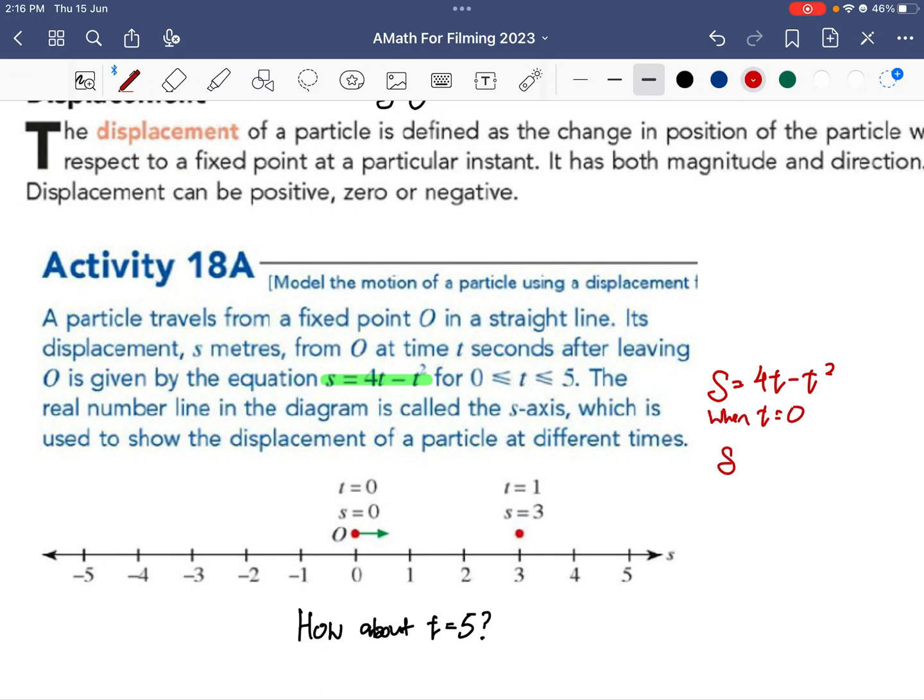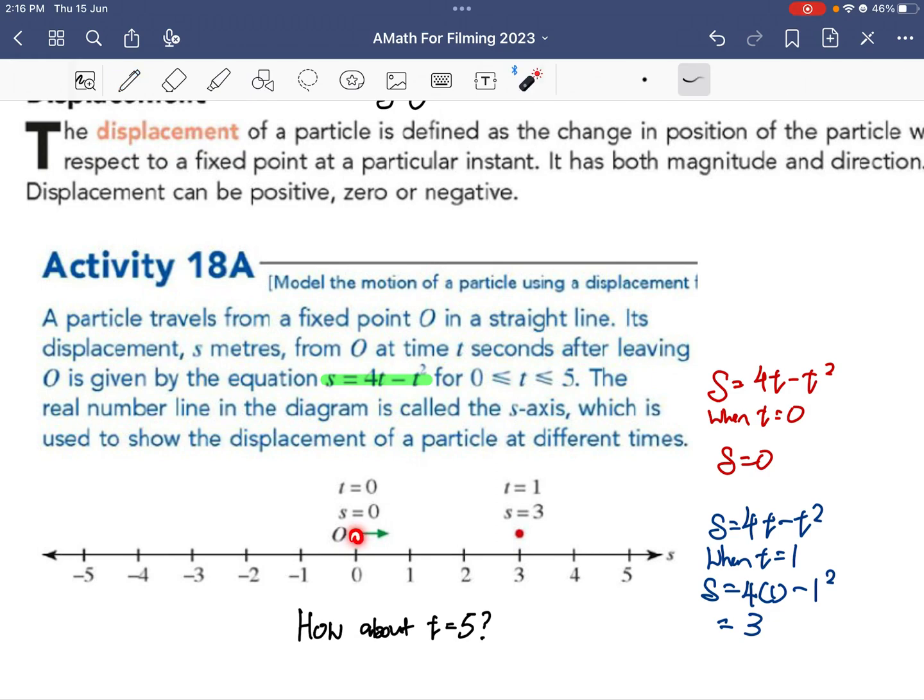When t equals 0, the displacement is equal to 0, and that is given by this point over here. What happens at t equals 1? If we substitute, s equals 4t minus t squared, so when t equals 1, the displacement s is 4 times 1 minus 1 squared. So it's equal to 3.